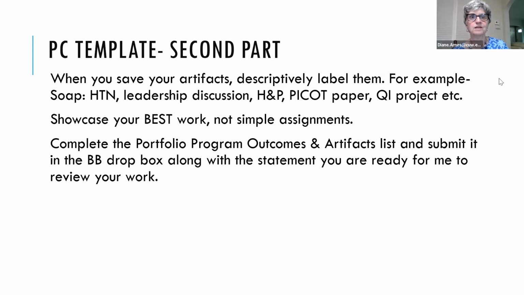So you might even want to use scraps of paper or index cards to lay out where you want it to go. You want to make sure that it fits. An example of something that doesn't fit: somebody would put in for program outcome 4, evaluate information systems and patient care information technologies.